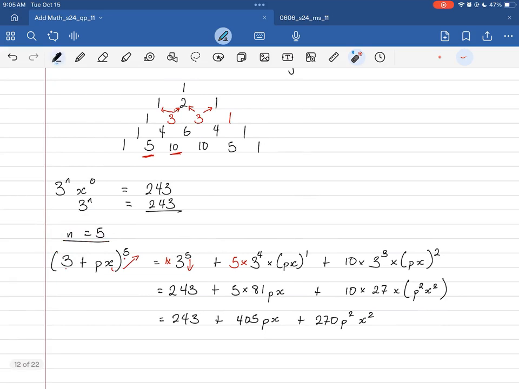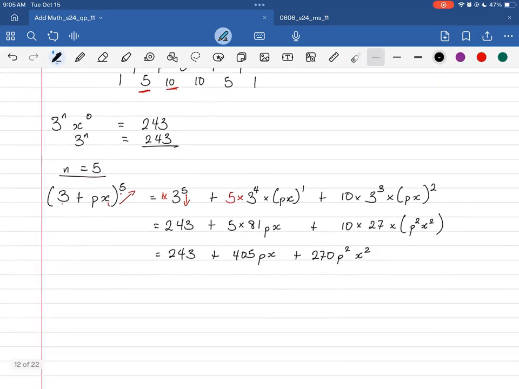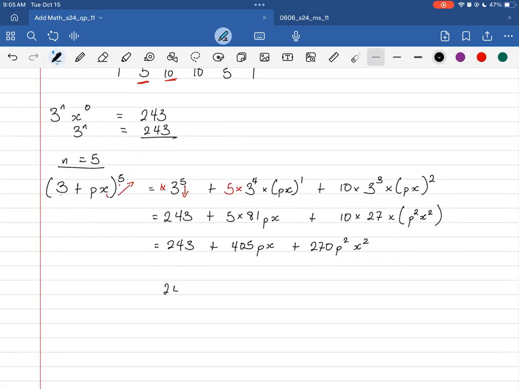So if we bring down the original values they gave us, 243 plus 810x plus qx squared. Now we can use this because this is already equal, so we can use this to find what p is.